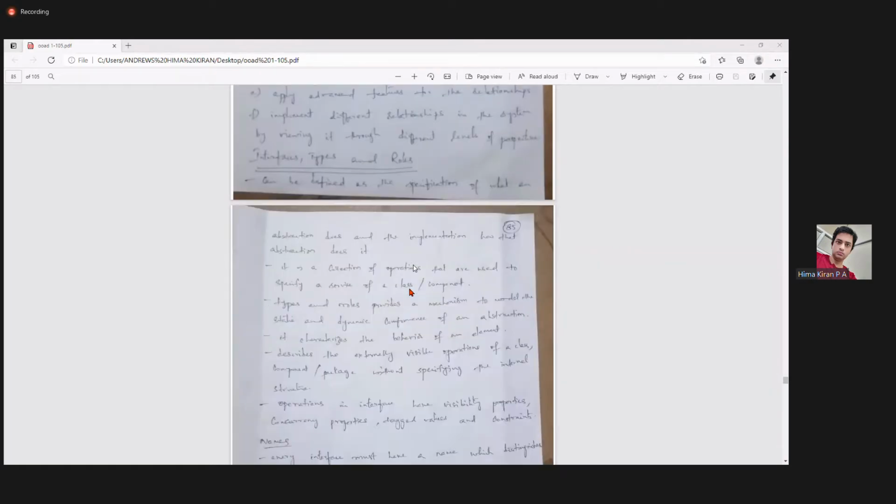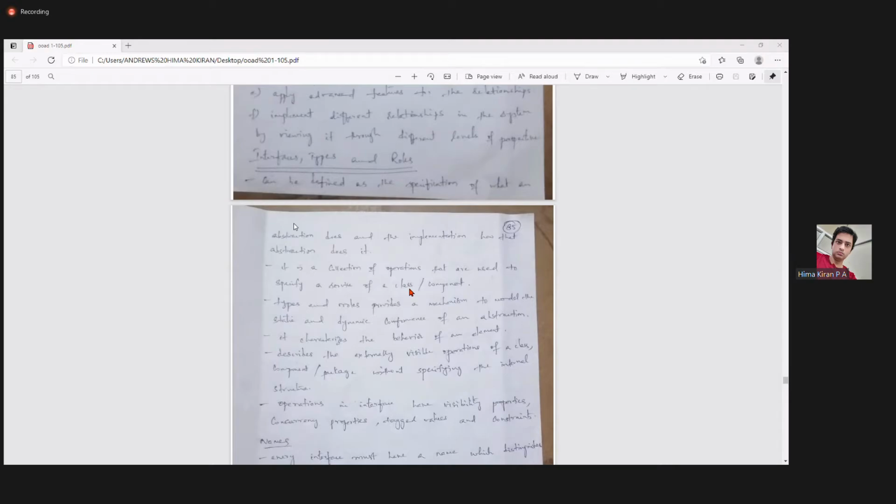Next, interfaces, types, and roles. These can be defined as the specification of what an abstraction does and the implementation of how that abstraction does it. So an interface is nothing but it implements the service of a class. In an interface, there is no need to present attributes, only operations if needed.